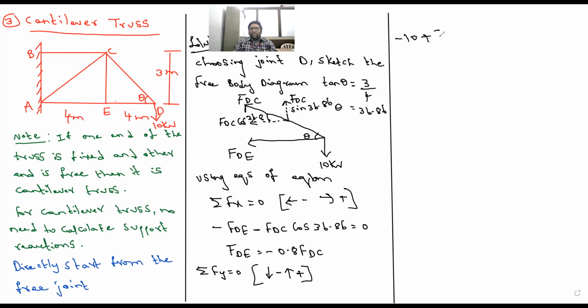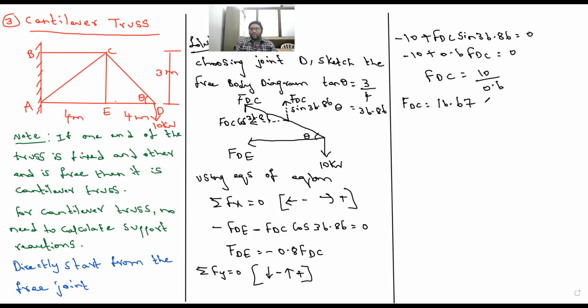So minus 10 plus FDC sin 36.86 is equal to 0. That is minus 10 plus 0.6 FDC is equal to 0. FDC is equal to 10 by 0.6. So how much is 10 by 0.6? 16.67. So FDC is equal to 16.67 kilonewton.